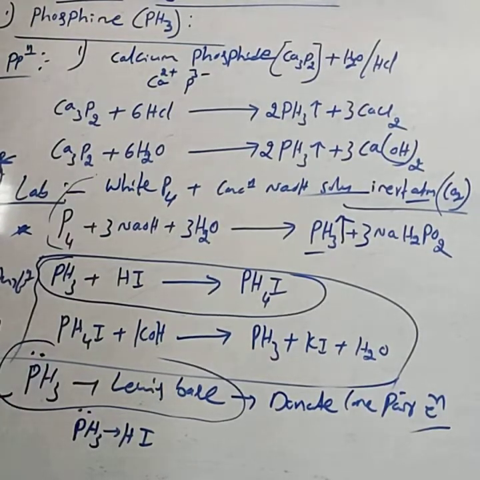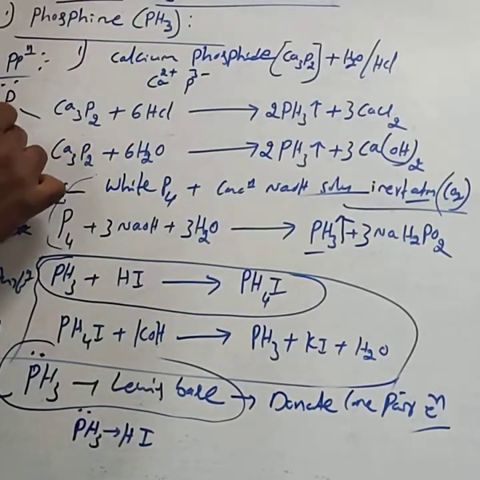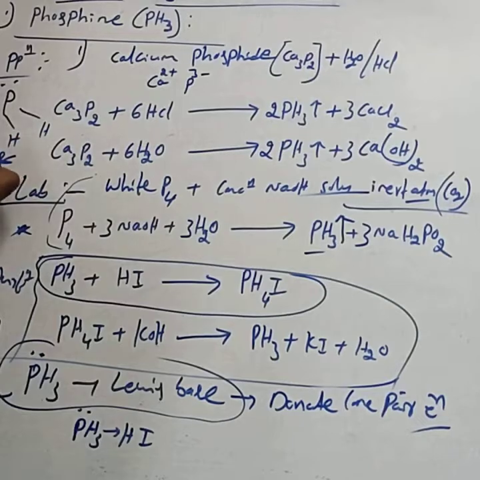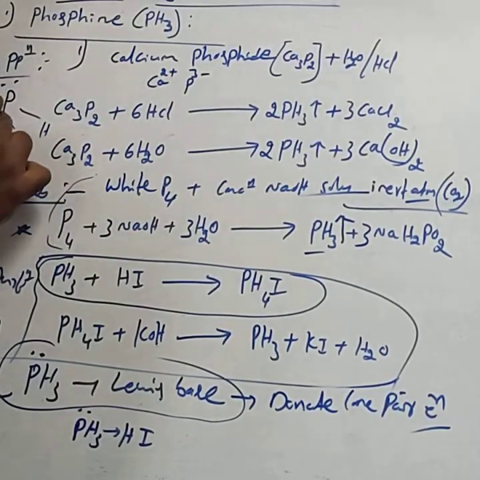Due to this lone pair, instead of tetrahedral, phosphine has a pyramidal structure and a bond angle less than the tetrahedral angle. If you write the structure of phosphine, here is phosphorus with hydrogens. This is the phosphine structure. The bond angle is just 92 degrees.